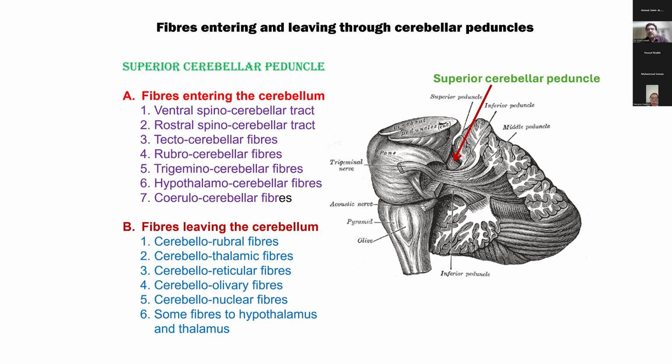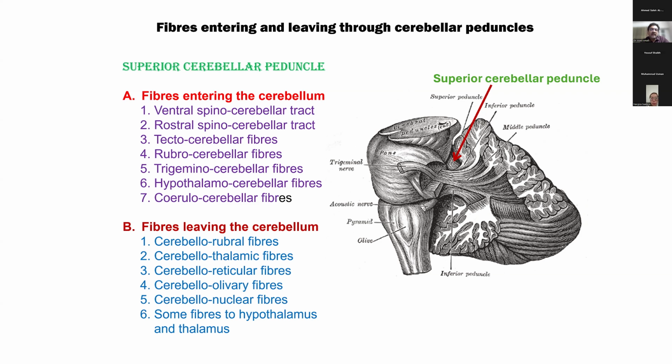The superior peduncle is attached to the midbrain. The middle cerebellar peduncle is just behind the pons, and the inferior cerebellar peduncle is a relaying station towards the medulla.